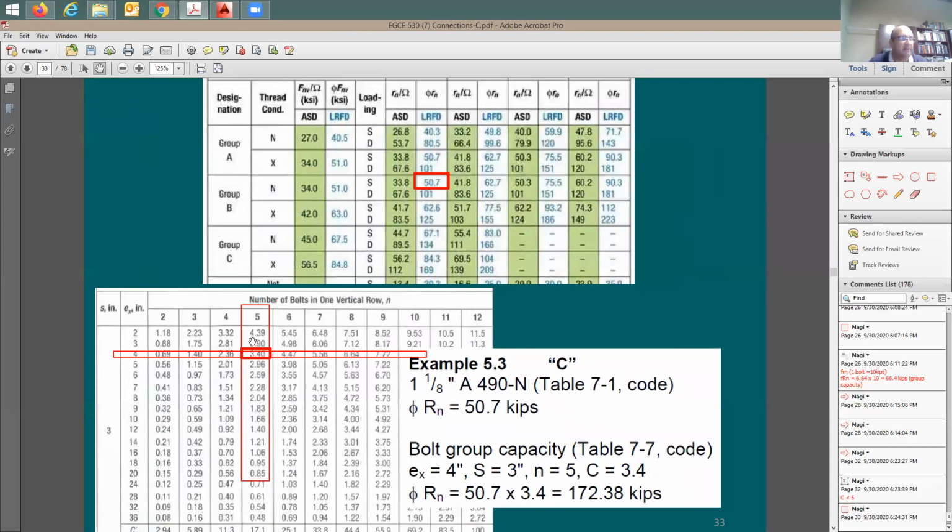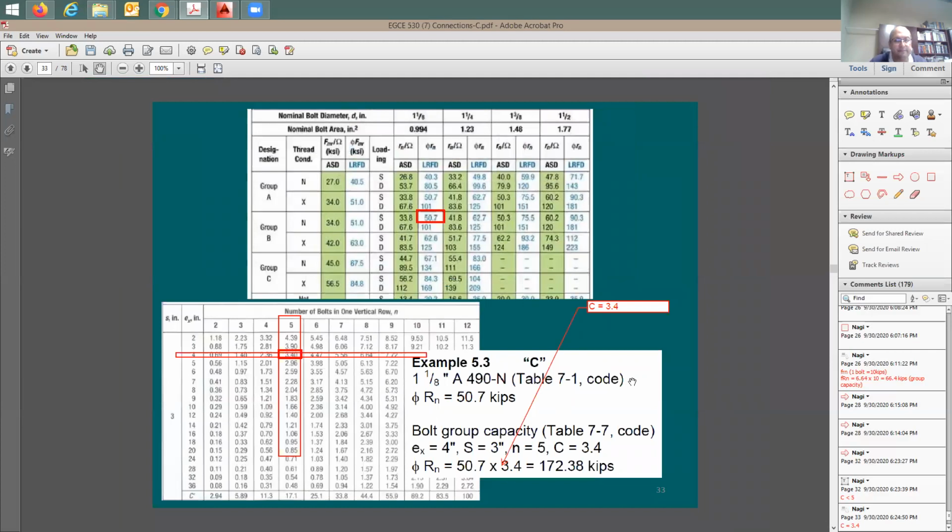So what does that mean? The strength of the group is going to be equal to 50.7 multiplied by 3.4. What do you call this factor here? I call it the C factor. It's going to be equal to 3.4 out of the table times the strength of 1 bolt. It's going to be 172. Are we good?